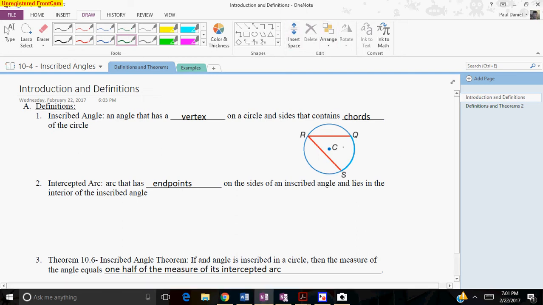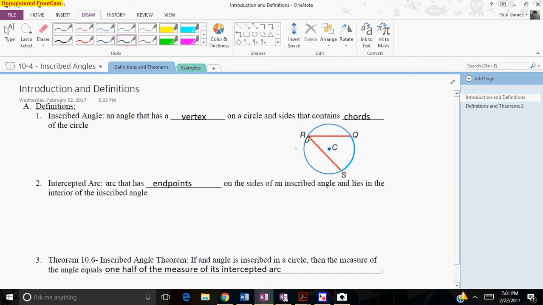So, an inscribed angle is an angle that has a vertex, like this angle R over here, on the edge of the circle, and then its sides are chords of the circle.